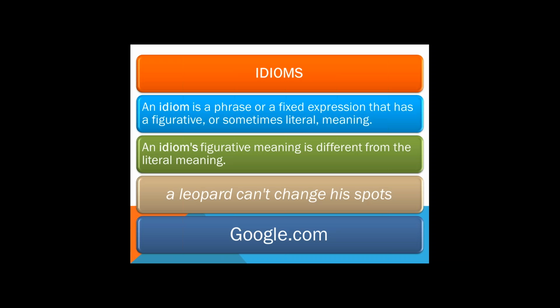So basically, we know that a leopard or a jaguar is not able to change its color, but we use this idiom in order to describe people who have a hard time changing. For example, if somebody really likes chocolate, then it's hard for them to change that habit. So rather than saying things in a more literal way, we use idioms in a more figurative way.